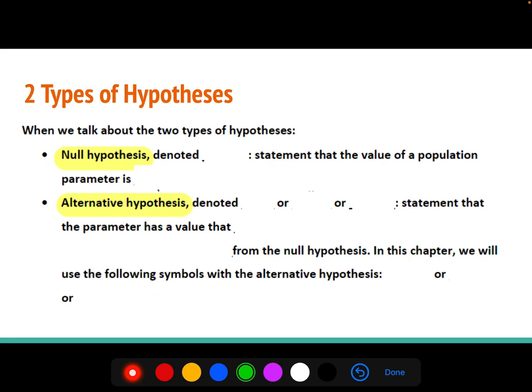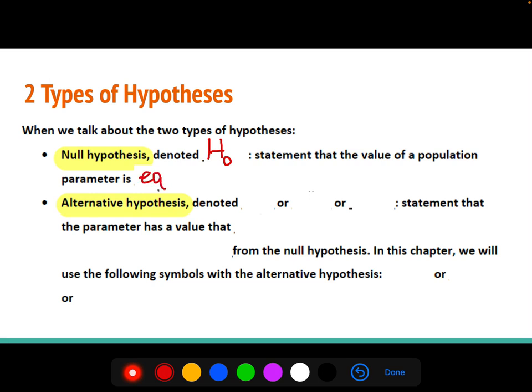All right, there are two types of hypotheses. We have the null hypothesis. You'll see a lot of stats jokes out here. The null hypothesis is H sub 0 or H naught. That's the null hypothesis, null meaning 0.